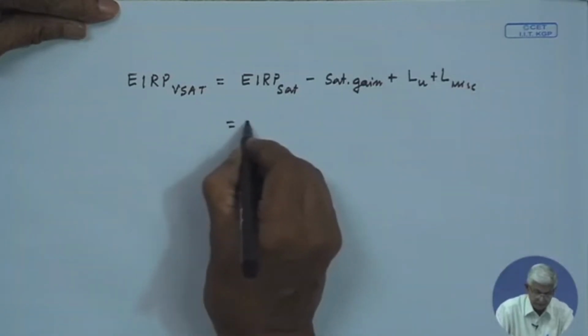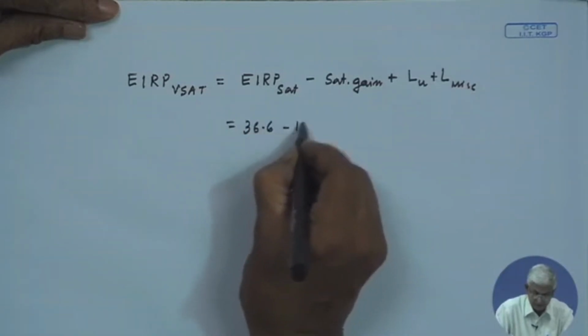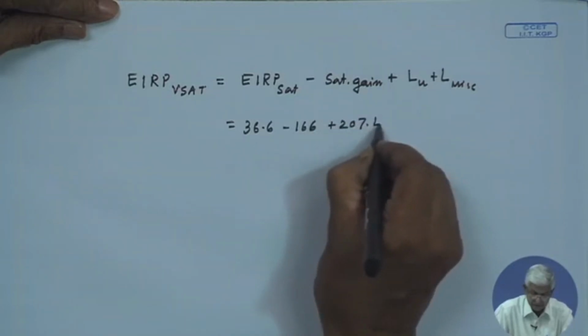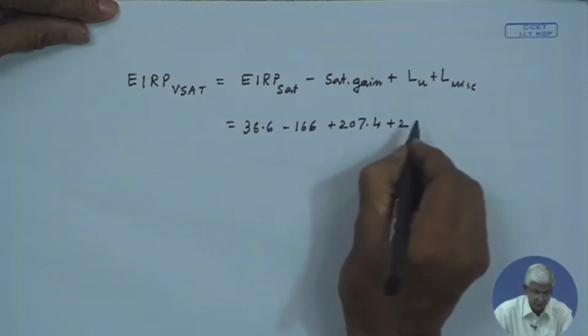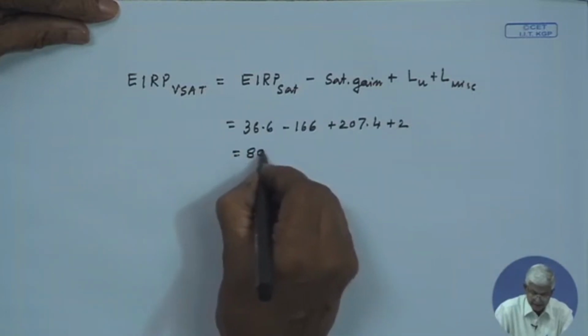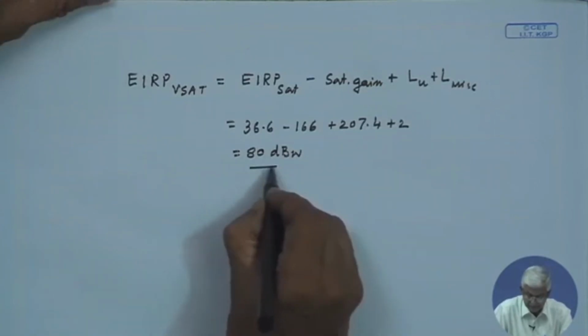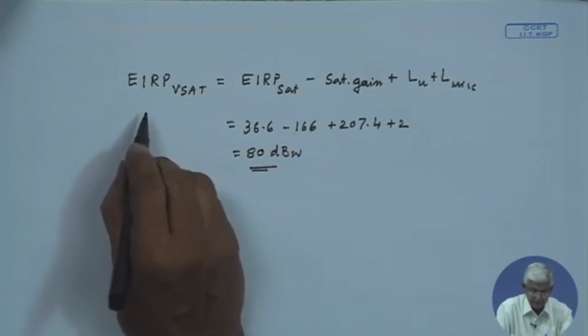That comes out to be 36.6 minus 166 plus 207.4, uplink was larger, plus 2, which comes out to be 80 dBW. We got 80 dBW as the EIRP of the VSAT.